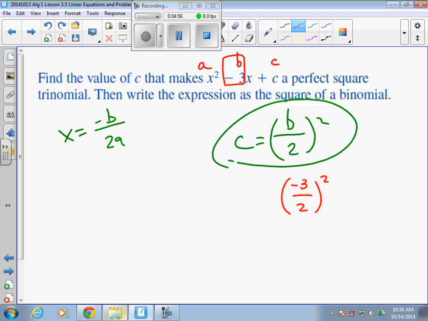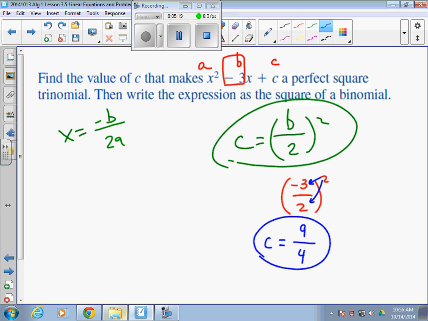Now, this is an odd number, negative 3, so it doesn't give you a nice integer value. You need to make sure to square both numbers. Negative 3 squared is negative 3 times negative 3, which gives you 9, and 2 squared is 4. So your c value is 9/4.